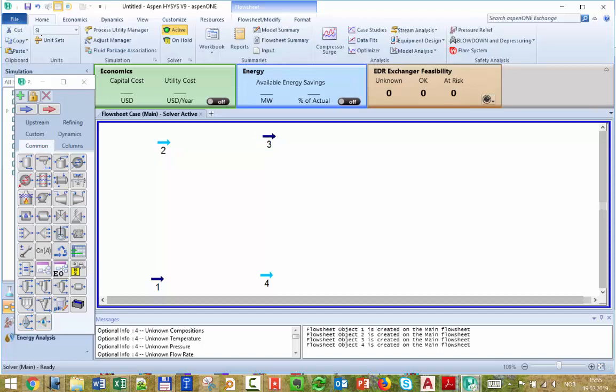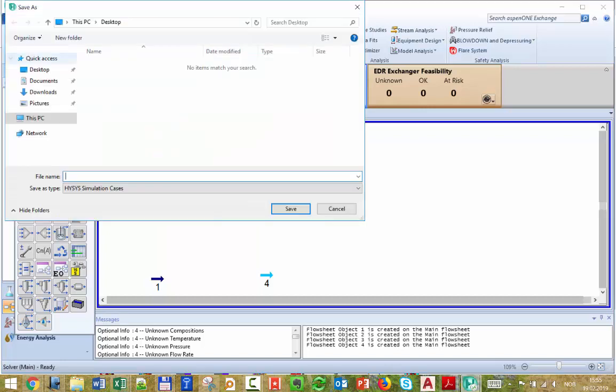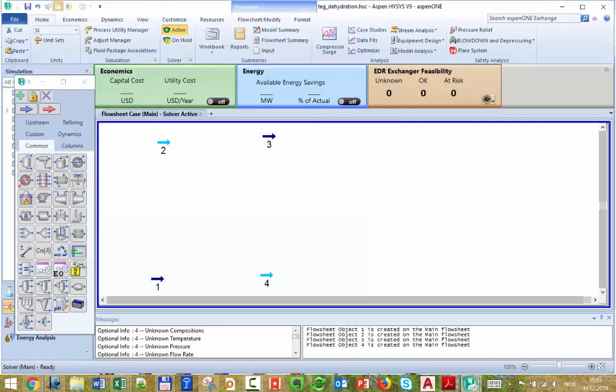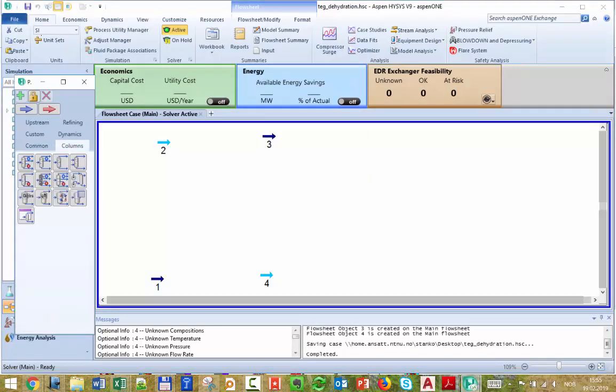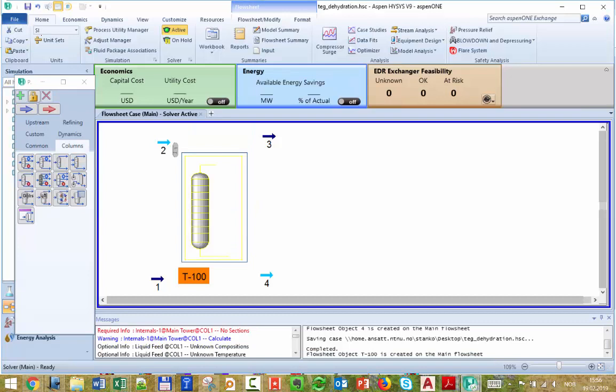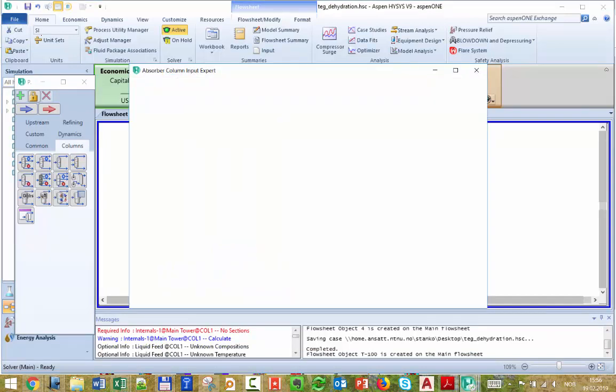Now these two are going to be calculated by the column. How do I put the column? Let's save first, in case it crashes. I'm a bit afraid. Every time working with columns, you have to be careful. Absorber column is this column. You see from the picture, it has 2 inlets and 2 outlets. So I connect.